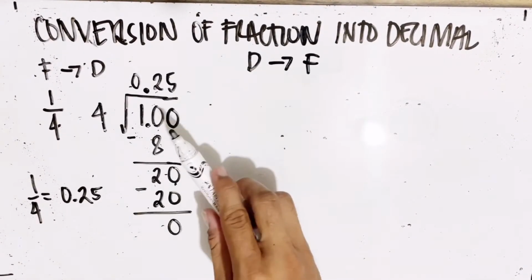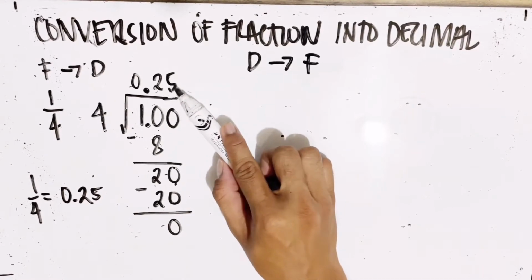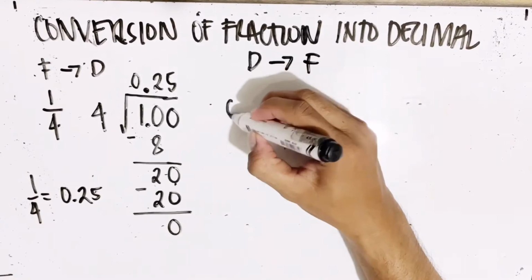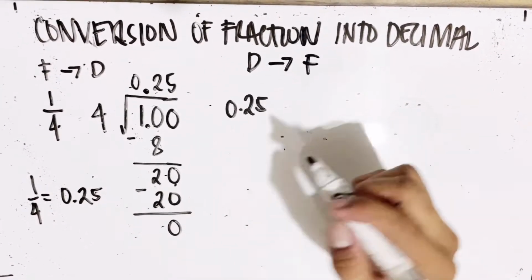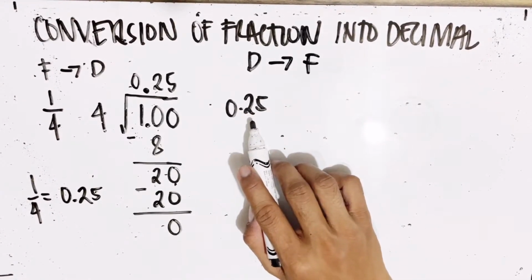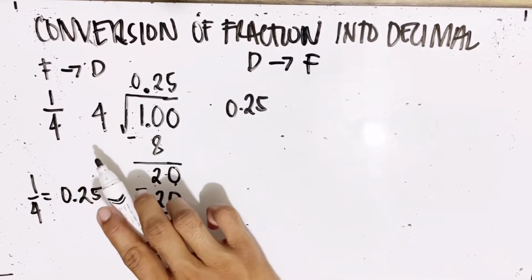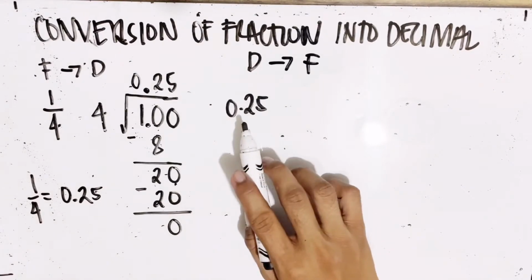How about decimal to fraction? Let's show the reverse process of 0.25 to 1/4. So if the given is 0.25, a decimal number, let me show you how to make this one a fraction. So it is much simpler than the fraction to decimal process.